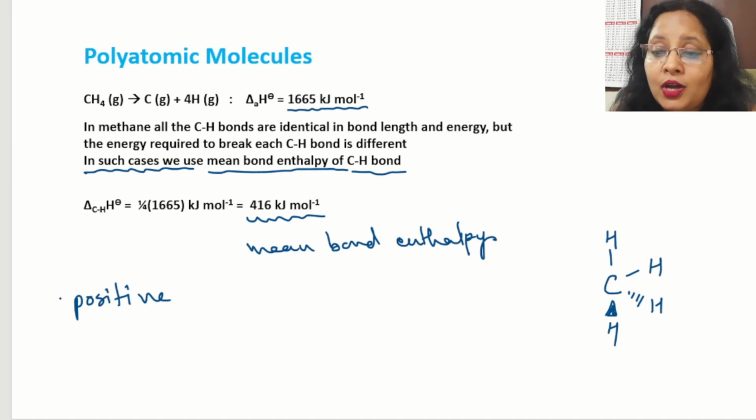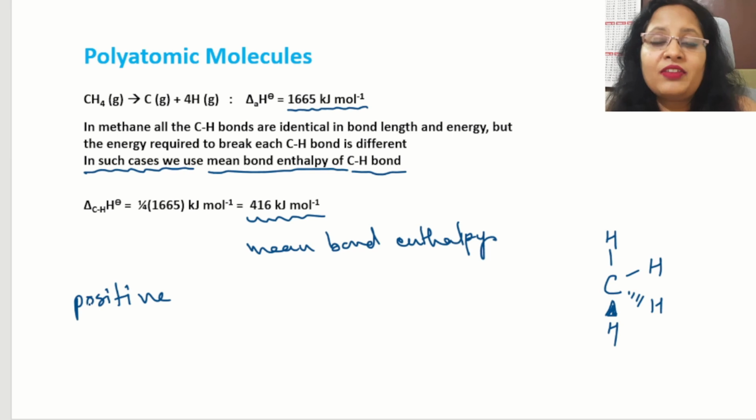Why? Because when we break a bond, we need to give energy. Energy is supplied to break a bond, so when energy is supplied to the system, the enthalpy will be positive.